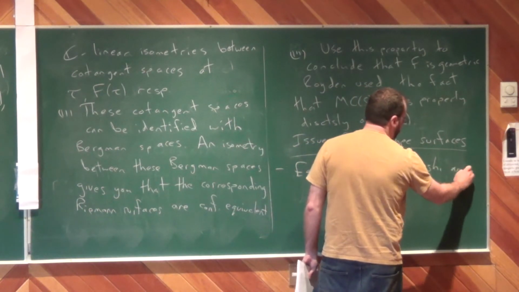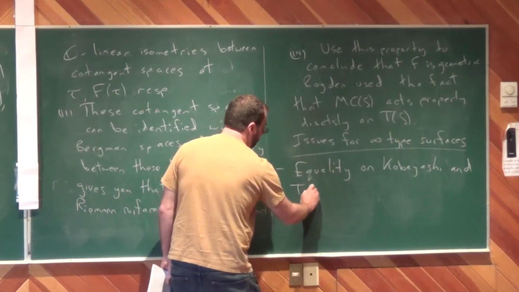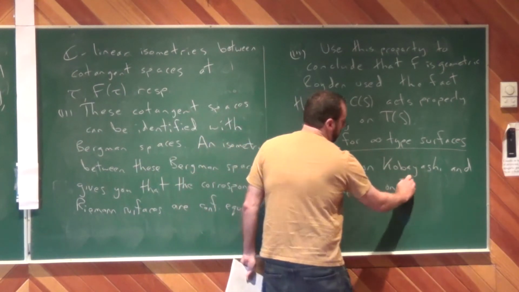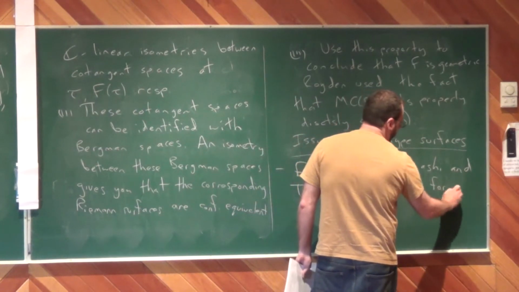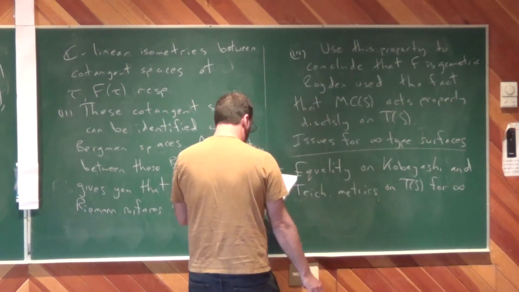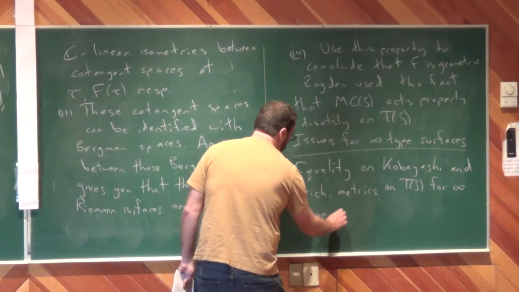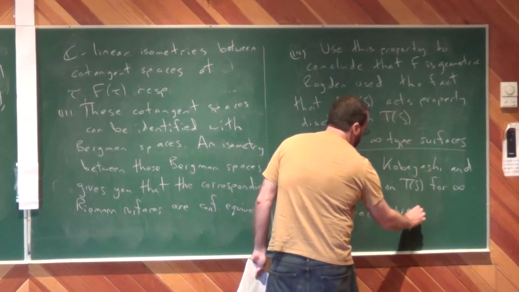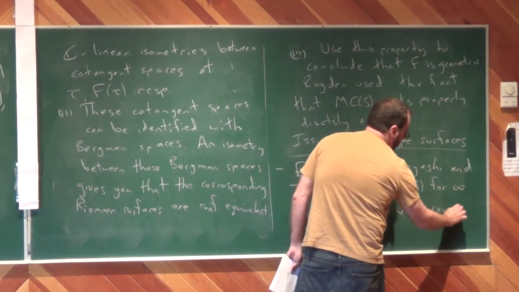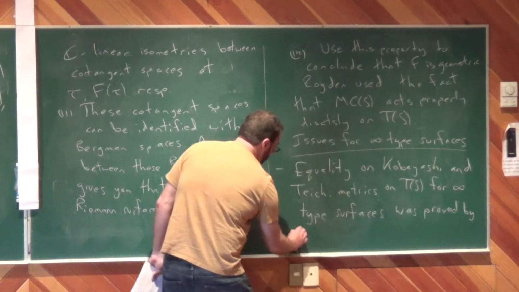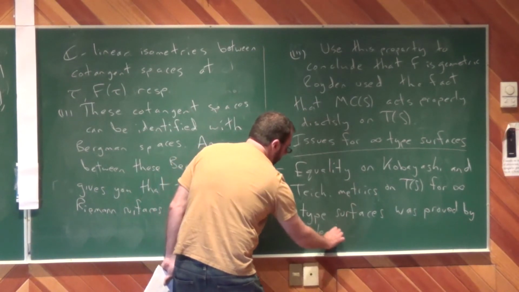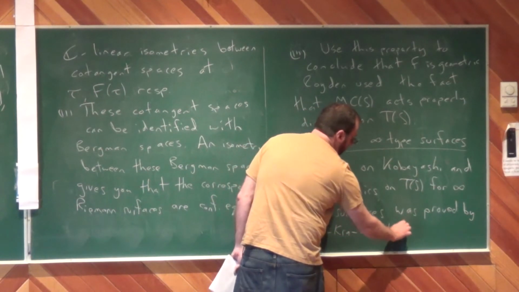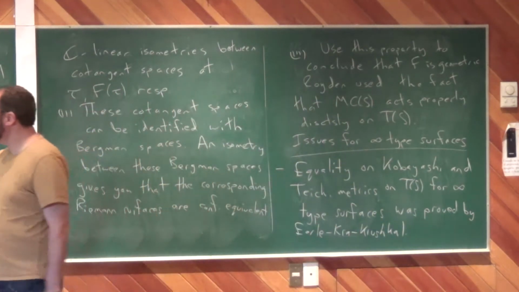The equality of Kobayashi and Teichmüller metrics on T of S for infinite type surfaces was proved by Kra and Krushkal.